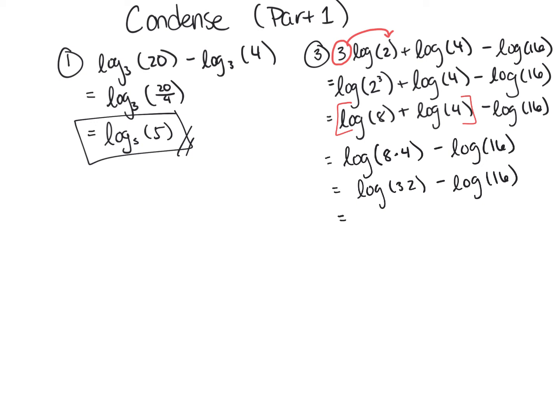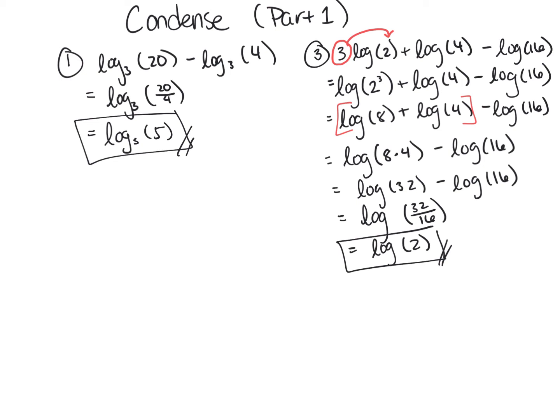This means we are going to divide their insides. So we'll have log of 32 divided by 16, or log of 2. So we can see here we were able to condense this whole thing down using, I think, 3 of our log rules to get to here. So this is condensing, taking something that's wide, bringing it smaller, or simplifying.